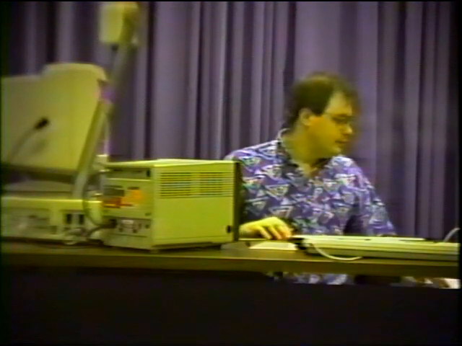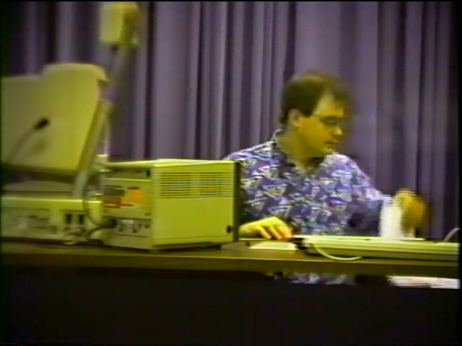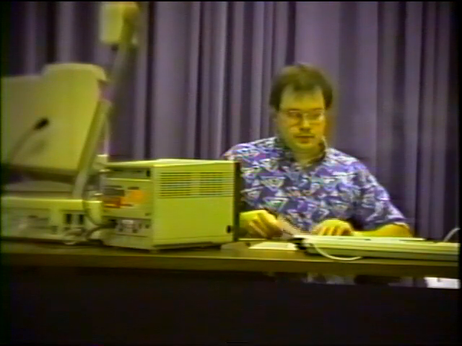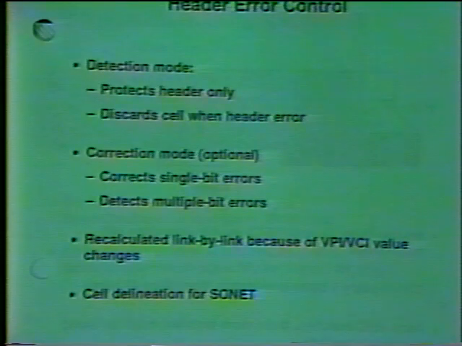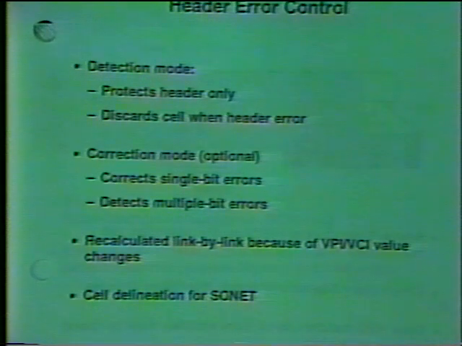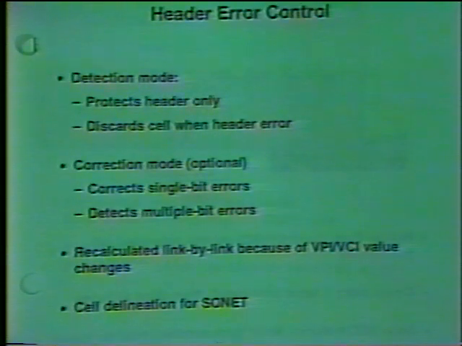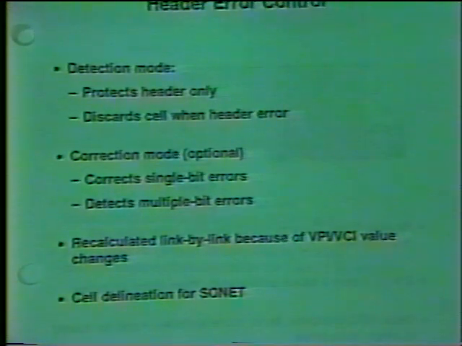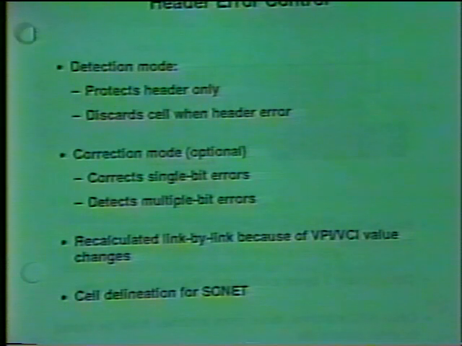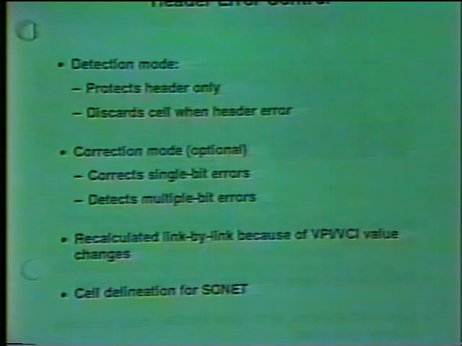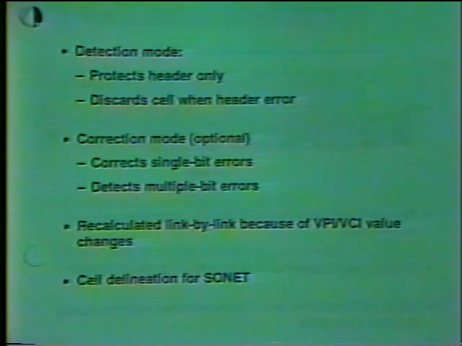So that kind of sums up the cell. Well, excuse me, I got another slide here to go over. Page 25 calls out some of the HEC control, and sums up some of the things I talked about. It protects the header, and discards the cell if there is a miscompare.